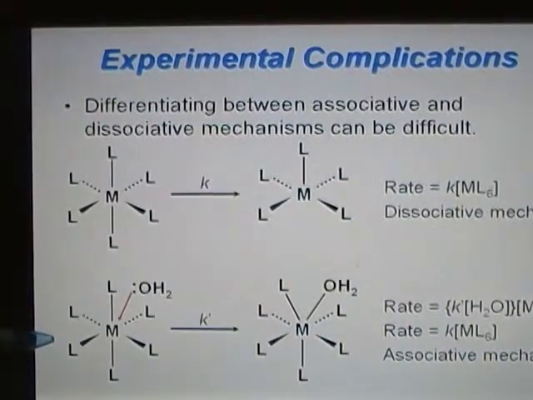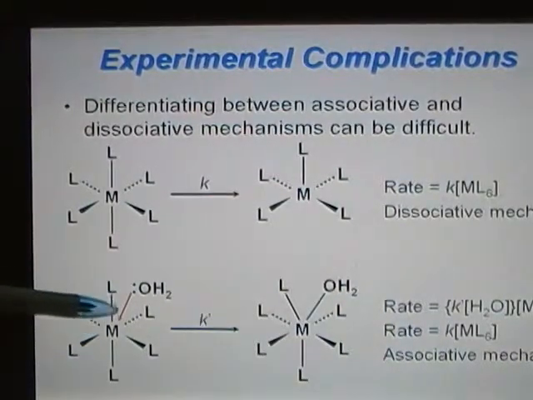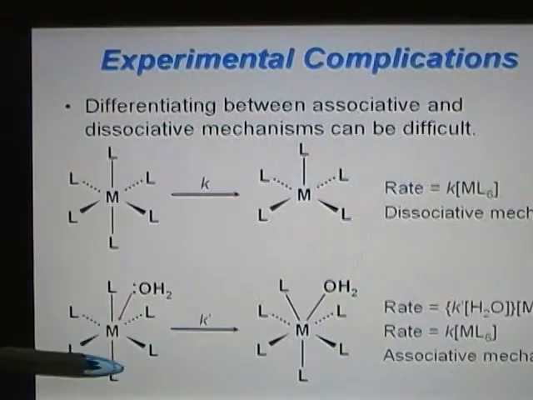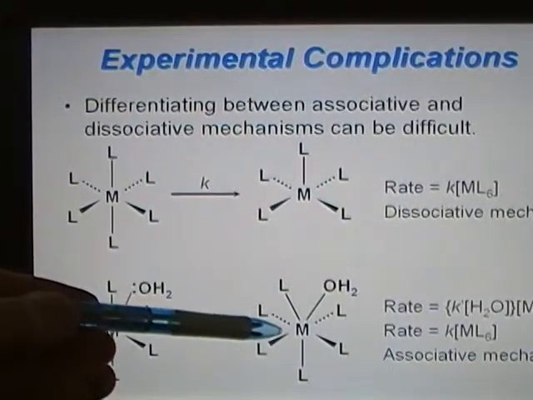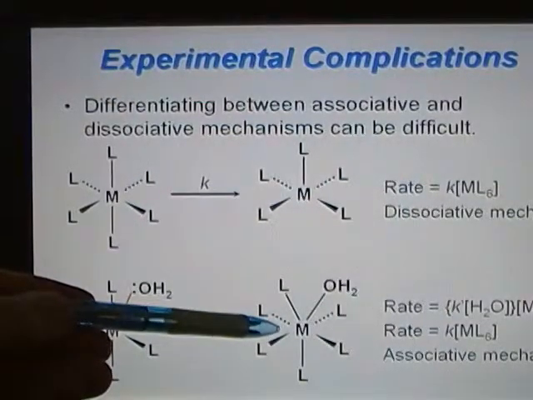For the associative mechanism, a coordination compound with a coordination number equal to 6 reacts with something like a solvent molecule, water, and forms a compound with a coordination number equal to 7.